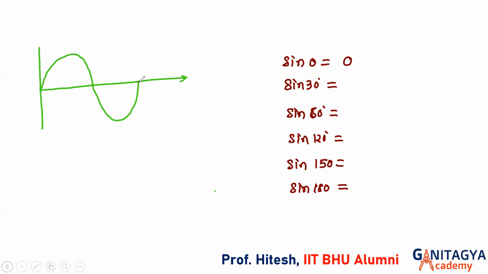One scale is in radian and one is in degree. In radian we have pi and 2 pi, most important. So pi in degree is 180 degree and 2 pi is 360 degree.